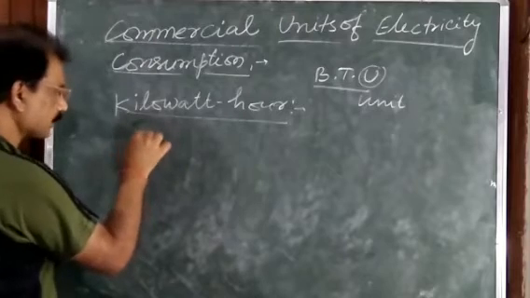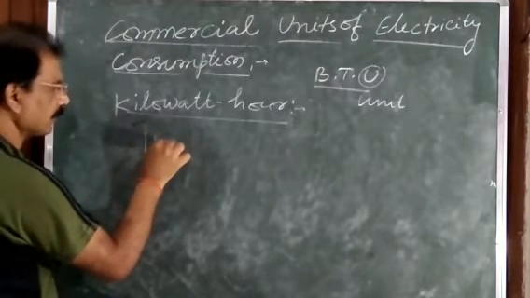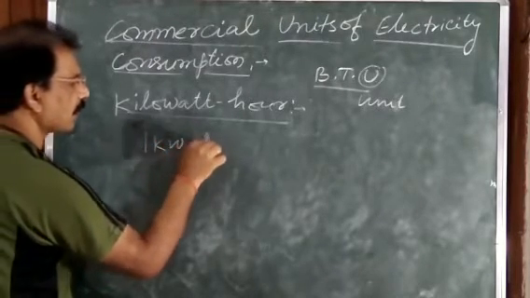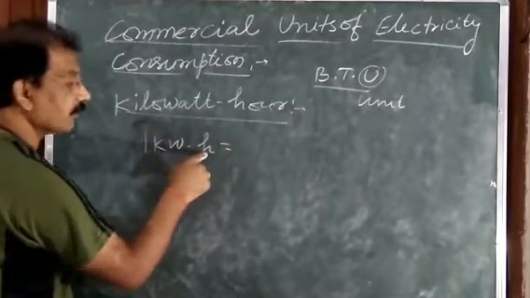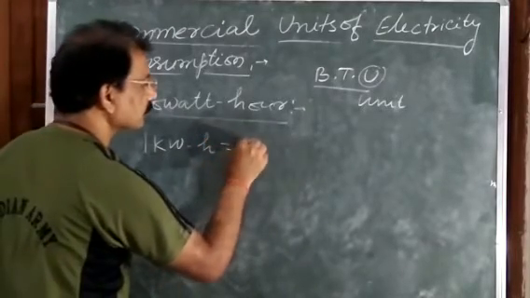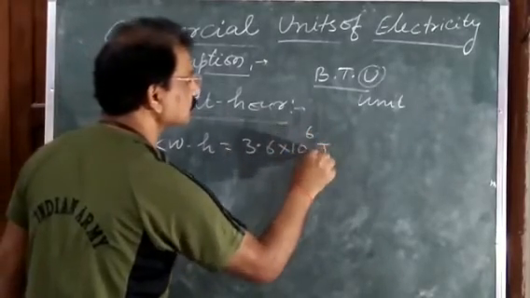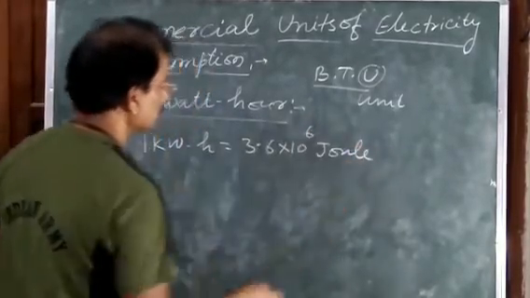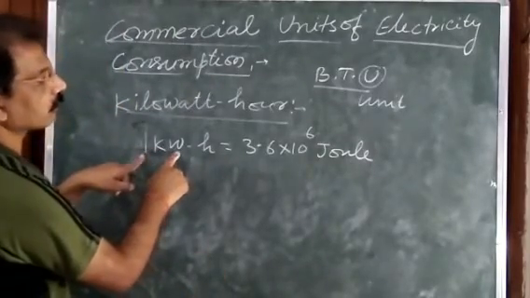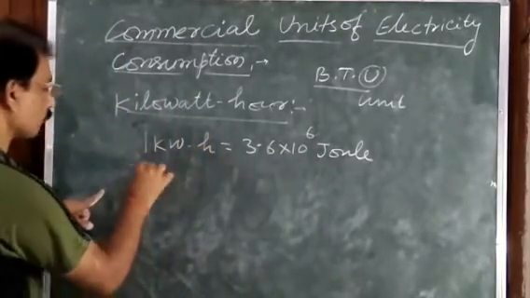And 1 kilowatt hour, actually this one is a unit of energy. This one is 3.6 into 10 to the power 6 joule. And 1 kilowatt hour is also called 1 unit.